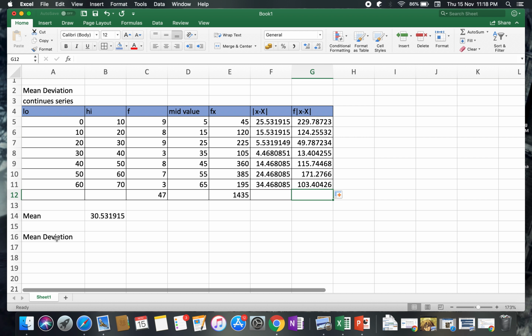Here we are finding the mean deviation, which is summation of this value divided by summation of f, which is 47.